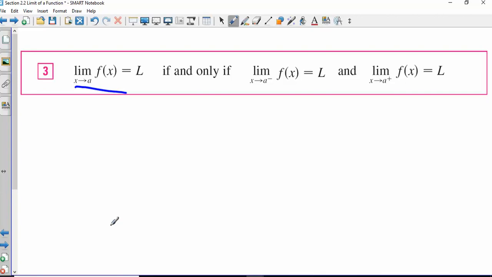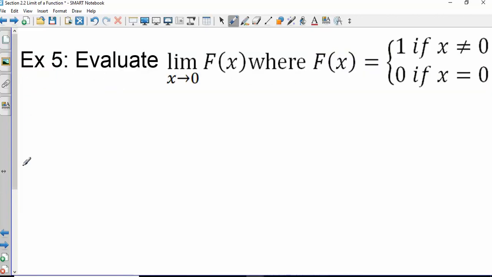I want to do the last two more examples, examples 5 and 6. It equals 1 if x is not 0.